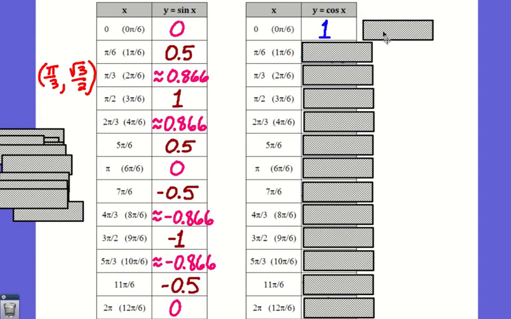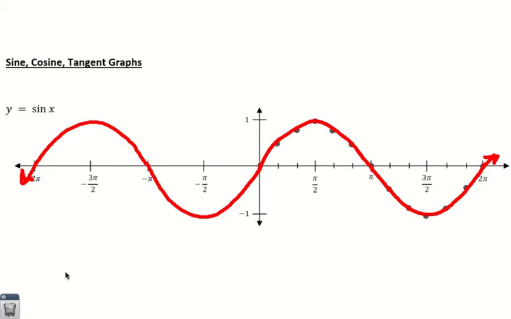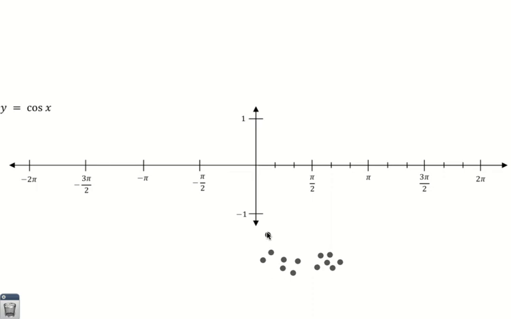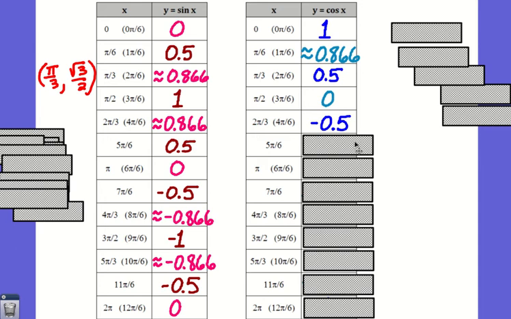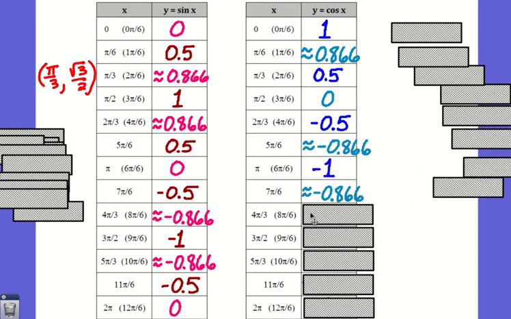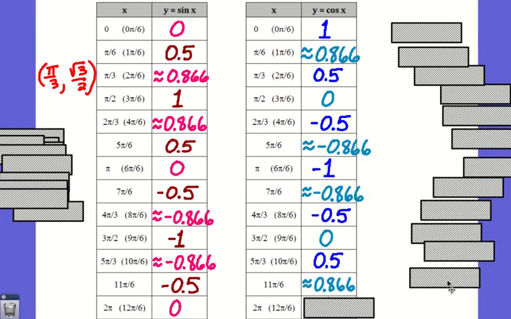When you plug in 0 for cosine, you get 1. So again, the point (0, 1) should be on the cosine graph, and so should all of these. Right?